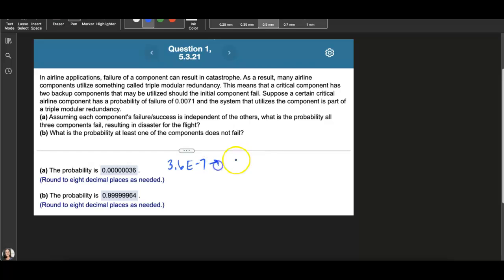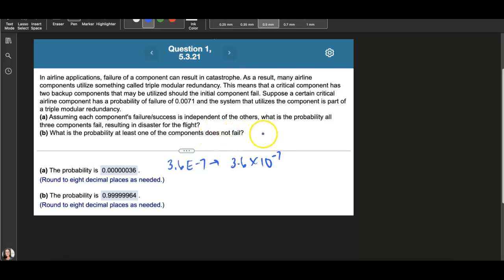What that really means is 3.6 times 10 to the negative 7. So just be careful as you're typing this in to MyMathLab that you're expressing it as a decimal in standard form. So in other words, move that decimal 7 places to the left to make that a smaller value here, as so.